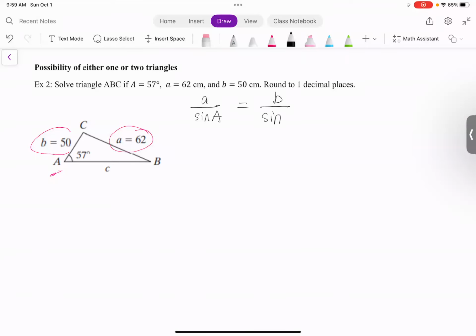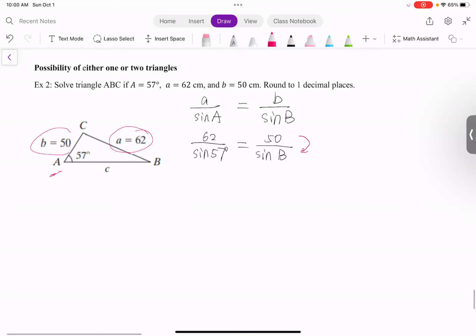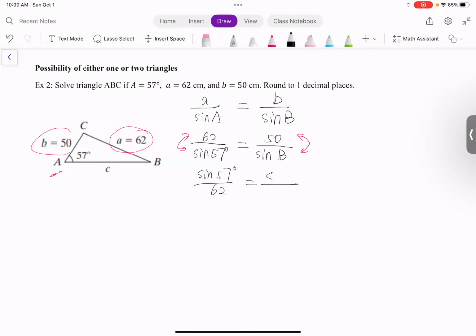Let's find sine B. So 62 over sine 57 degrees equals 50 over sine B. Sine B is not given. So if I want to solve for sine B, flip both sides, make it to the top. Sine 57 degrees over 62 equals sine B over 50, and then multiply by 50 on both sides.